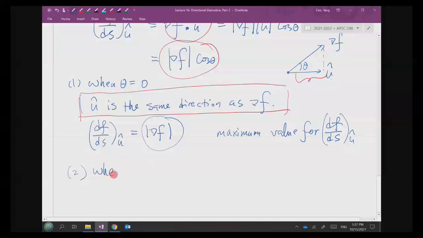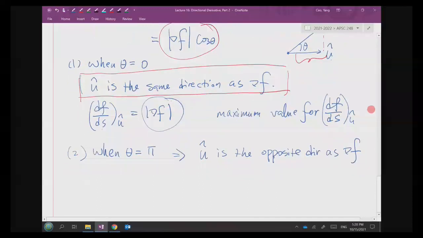So when theta equals pi, let's consider the other extreme. That basically means u hat is in the opposite direction as del f. So del f points this way, and u hat is pointing this way.